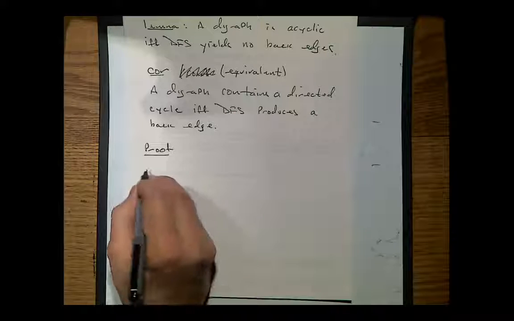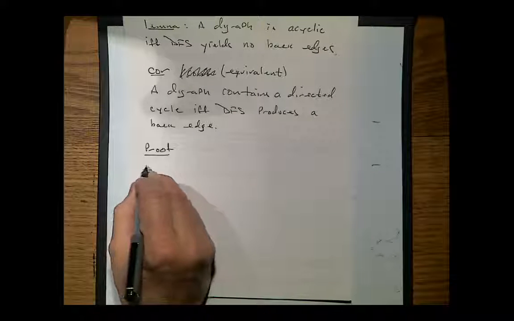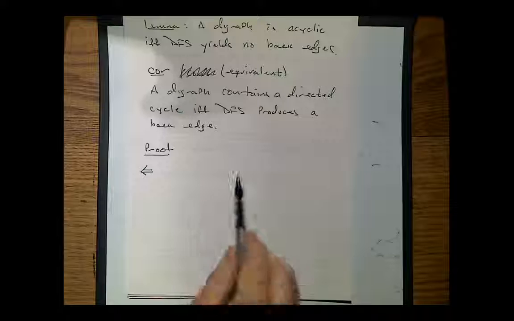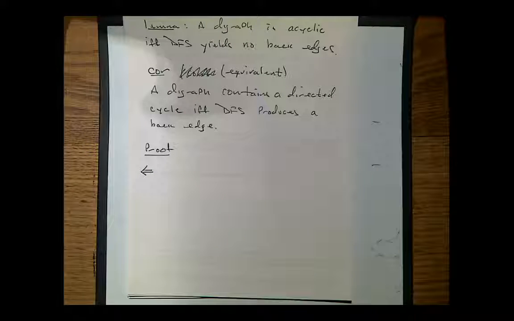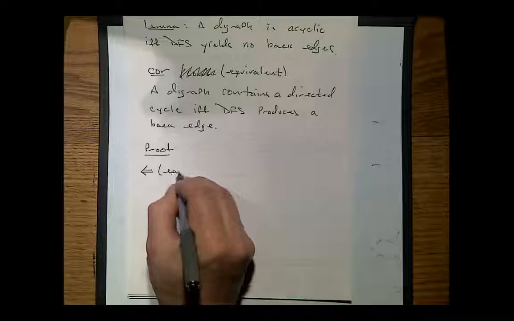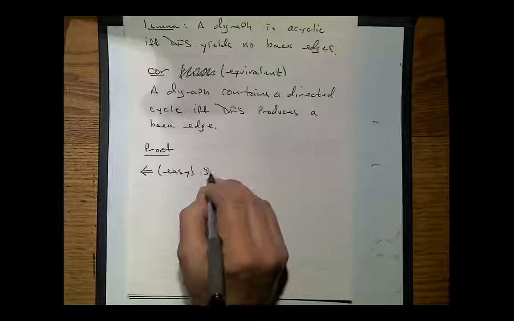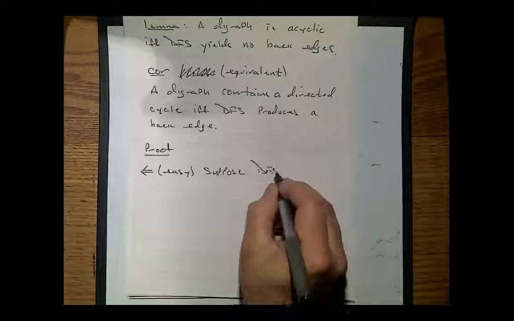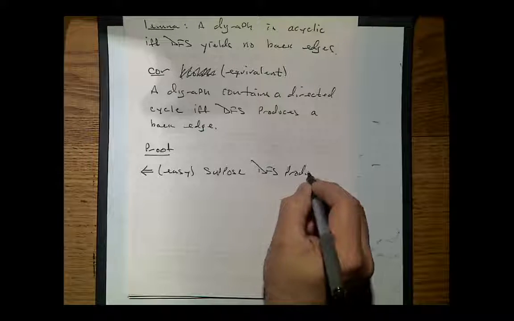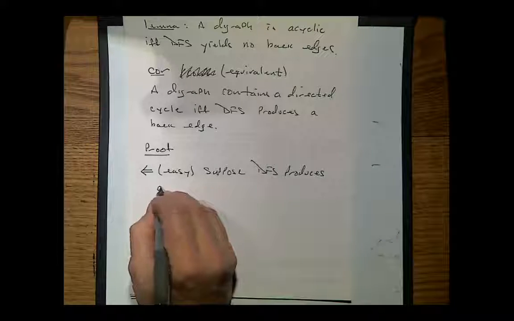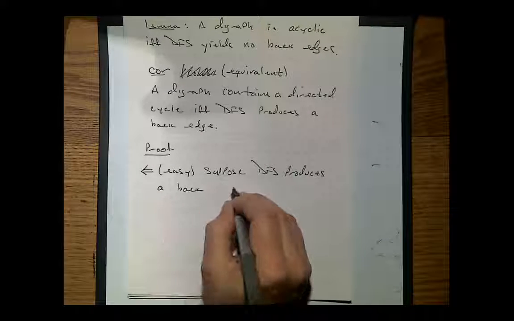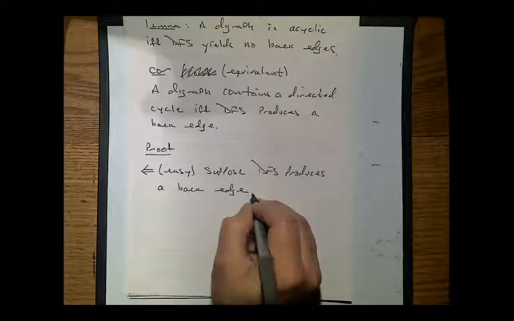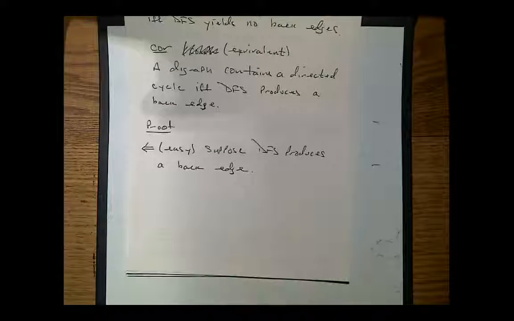Let's first do right to left. In other words, suppose DFS produces a back edge. This is the easy direction. Well, then obviously there's a directed cycle.